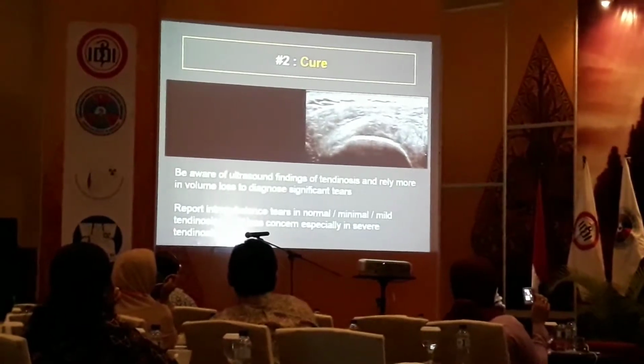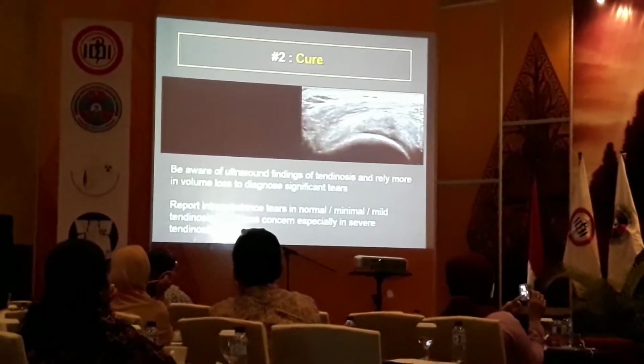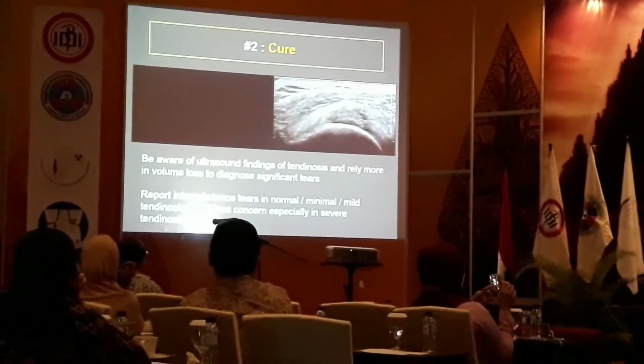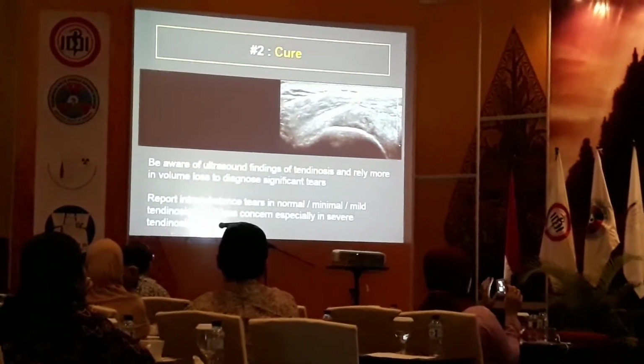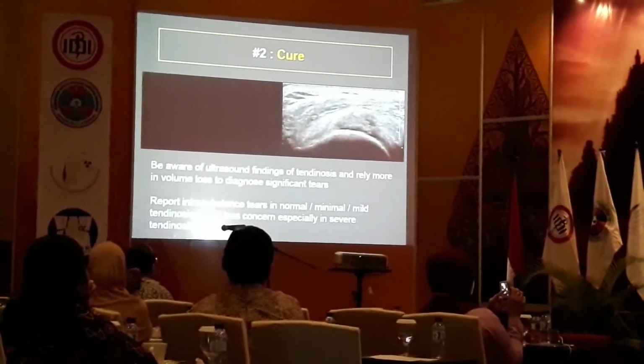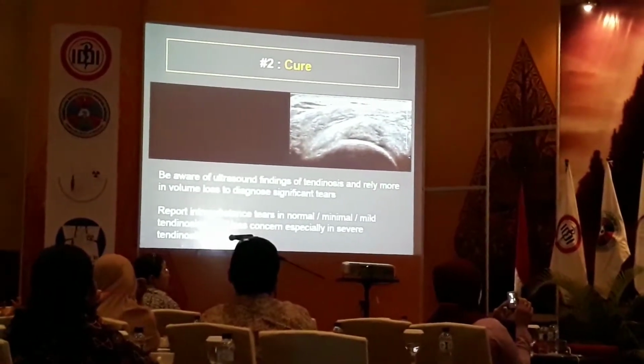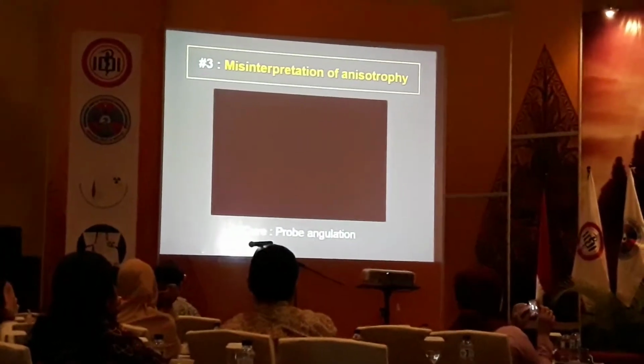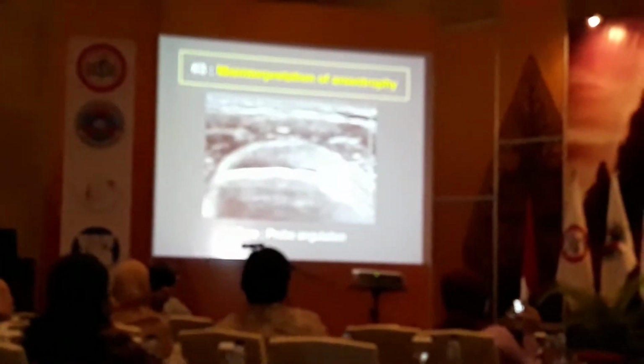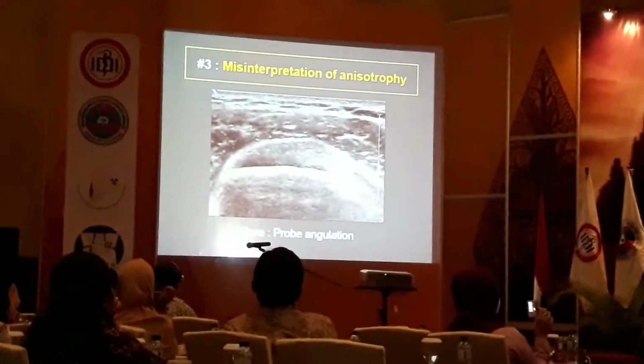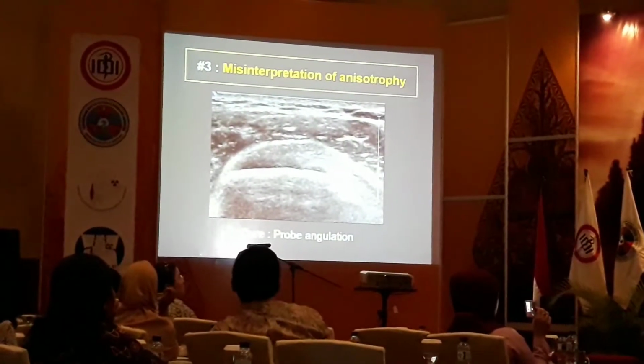You often have to do this to diagnose tears. Sometimes tears in these patients may be quite difficult to detect. Don't worry about it. It will all come with experience as you get more and more experience with rotator cuff ultrasound. But these are the potential pitfalls you may encounter.